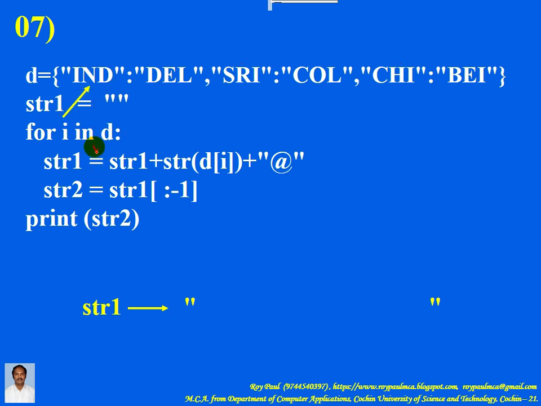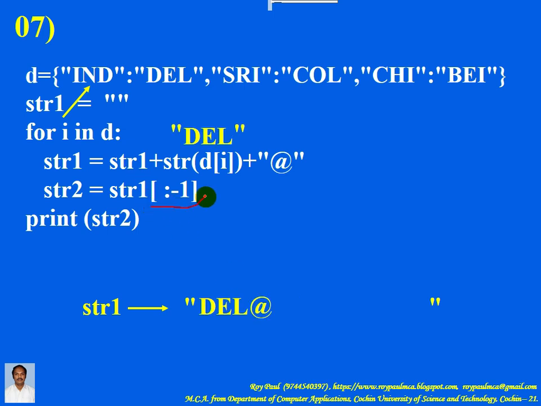Now, assignment operator, right hand side should be calculated first. str1 is empty string, I is IND, D of IND will give you the corresponding value, that is DEL, and str of DEL means DEL will be returned as a string, even otherwise it is a string. So empty string concatenated with string DEL concatenated with @, that comes in str1. So now str1 becomes DEL@.